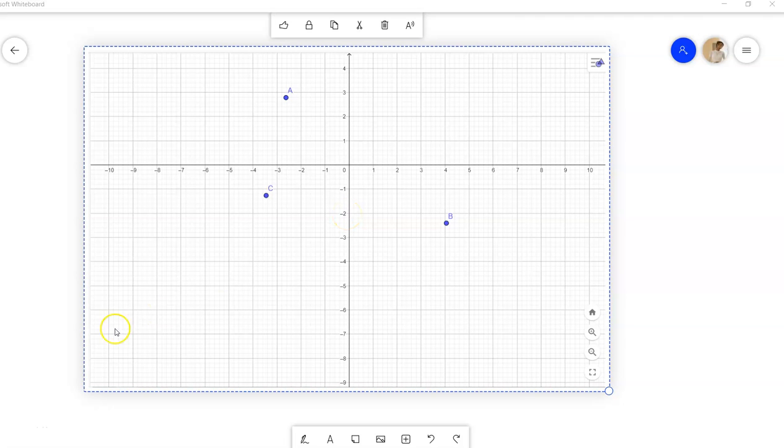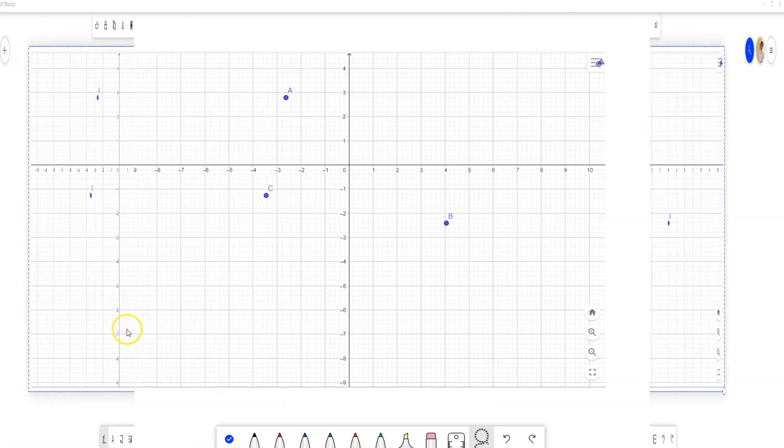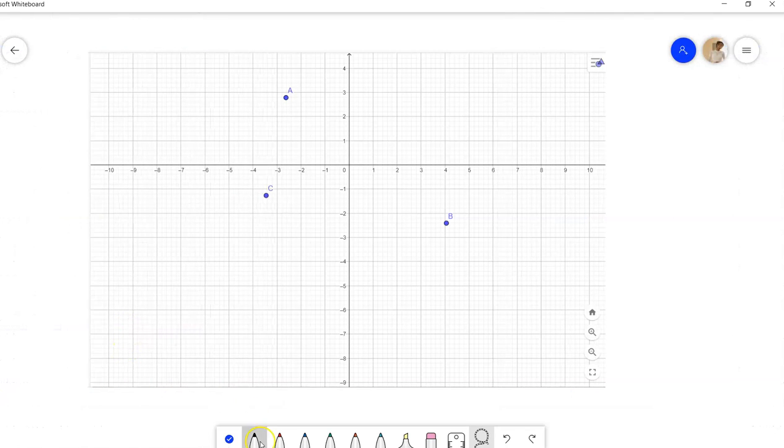Alright, so here we have one where the scale is 1 centimeter to 1 unit. Each centimeter, we're going up by 1: 1, 2, 3, 4.